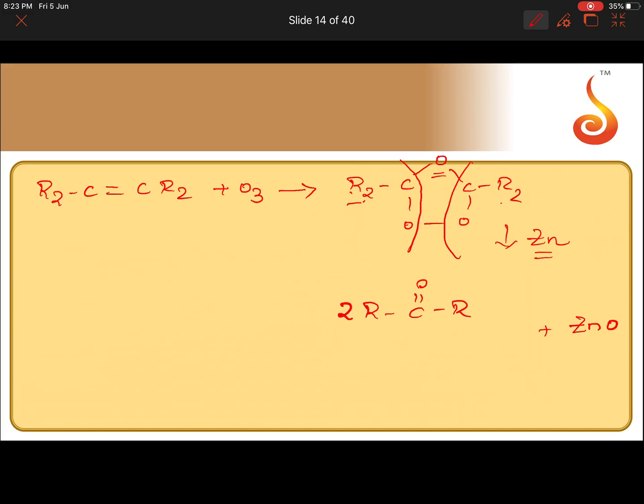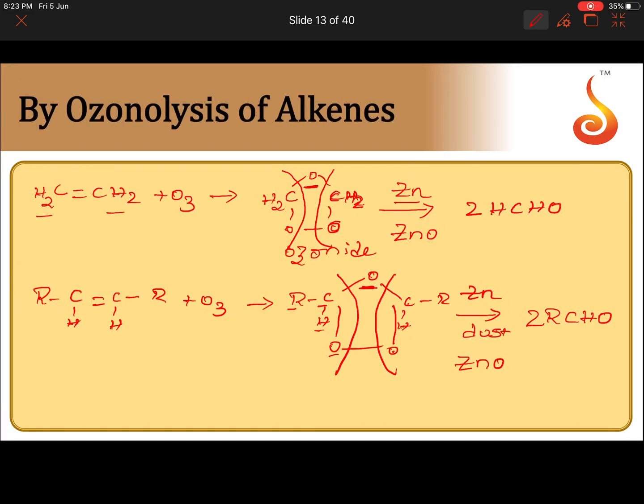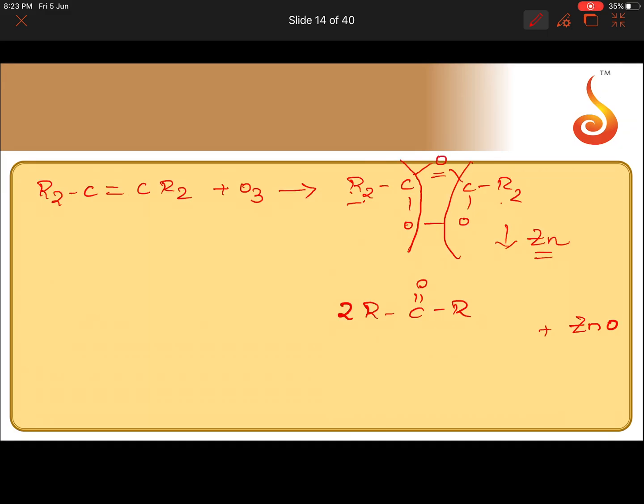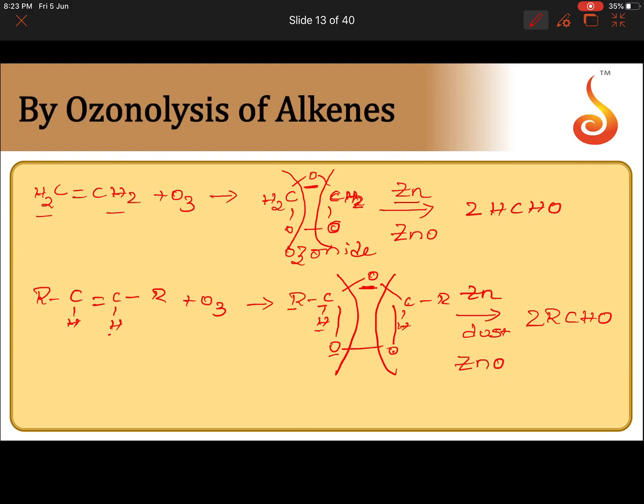So now let us learn when we are getting aldehyde, when we are getting ketones and when we are getting formaldehyde. On the carbon which is forming the double bond, if there is no hydrogen, we will get ketones.